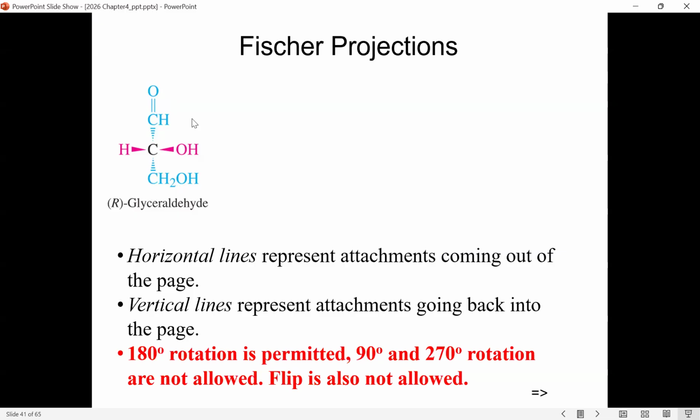Once you have converted the molecule to a dash-wedge structure this way, you directly change all the wedge and dash bonds into straight lines. That is called the Fischer projection.